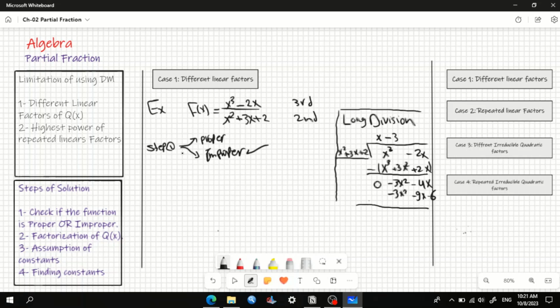Subtract this from this, and we get 0, 5x plus 6.